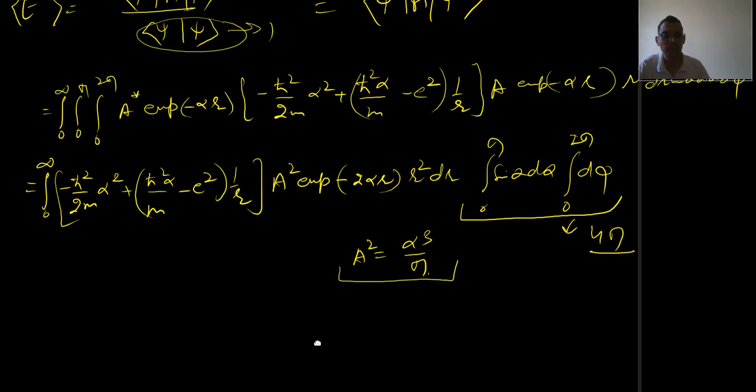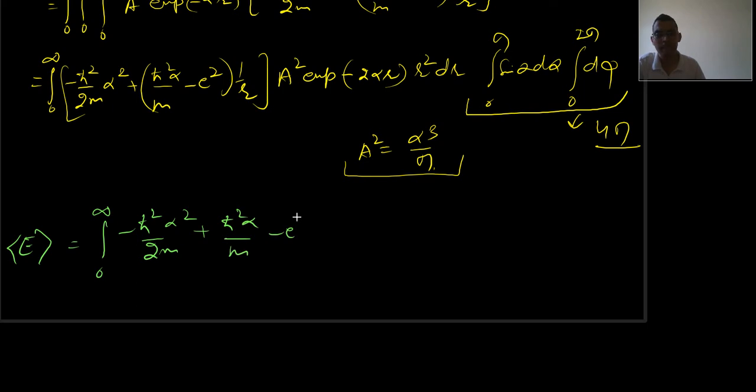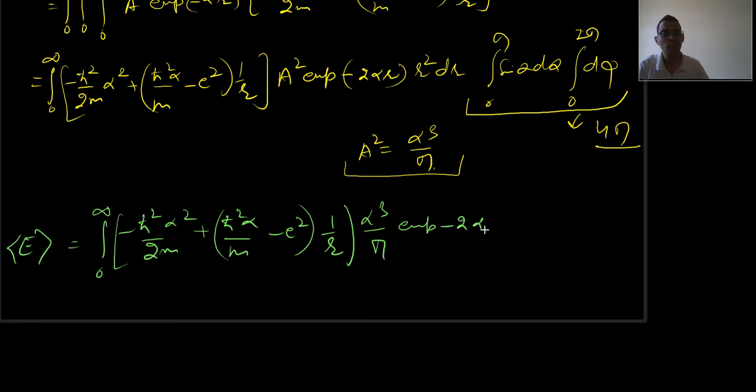So when I use these two values, the expectation value of E will be equal to 0 to infinity, it is minus ħ² α² by 2m plus ħ² α over m minus e², it is 1 by r, and here it is α³ over π, and exponential minus 2αr, r² dr into 4π.